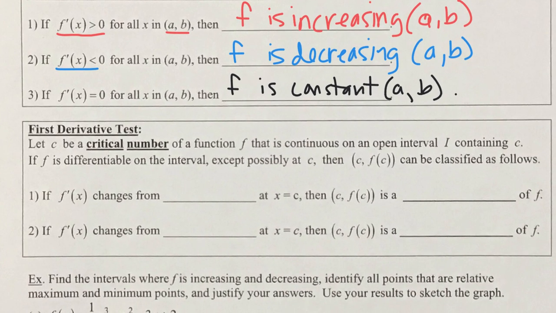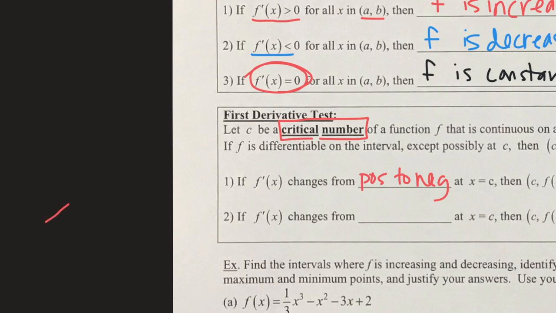Okay, so then here's your first derivative test. If we have a critical value, and that means that our derivative is 0, for a critical value or a critical number, then we have these things to look at. If f prime changes from positive to negative, so think about that. That means our function is going from an increasing function to a decreasing function.